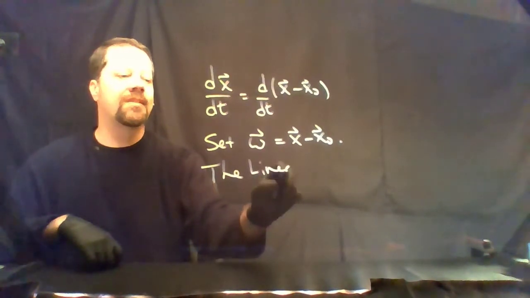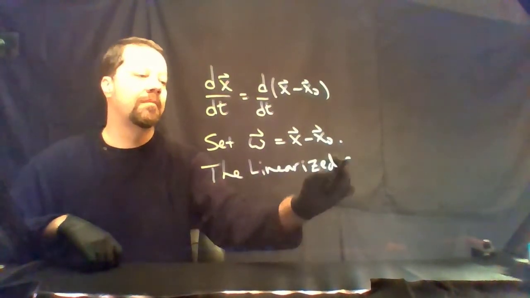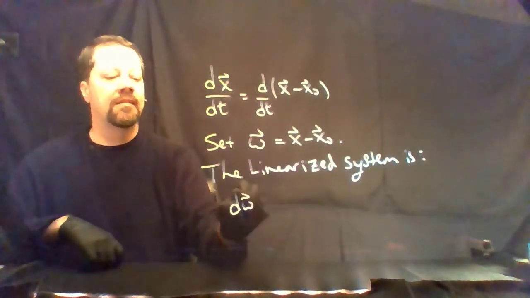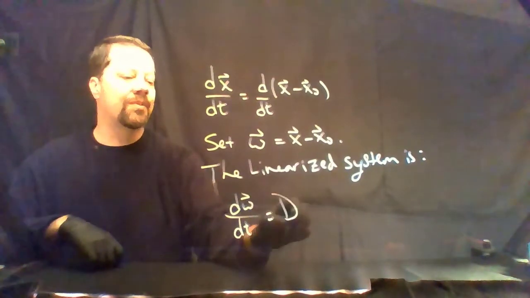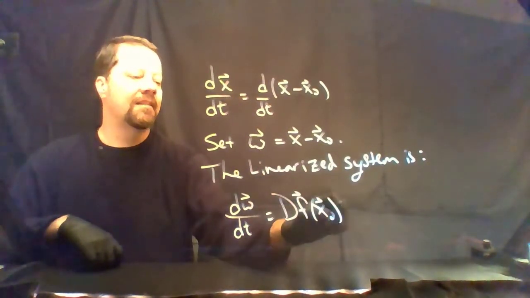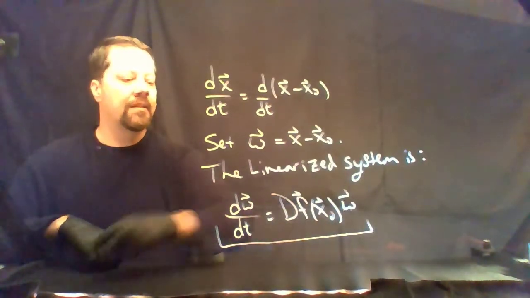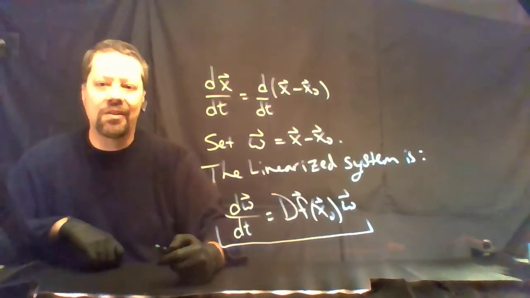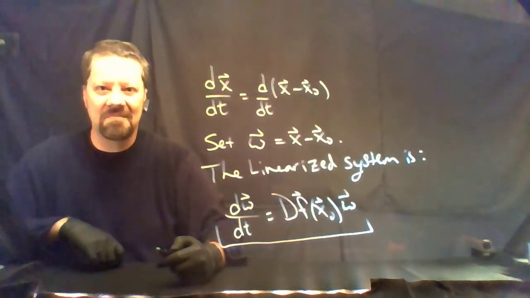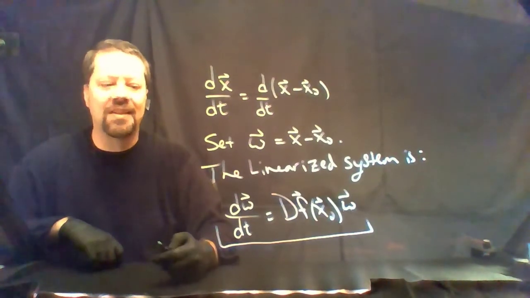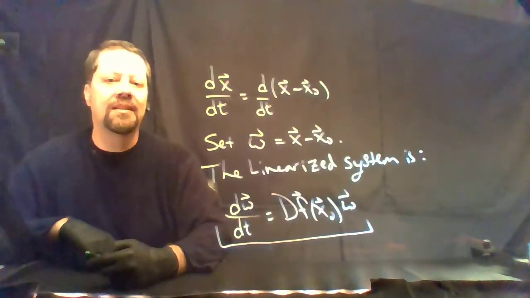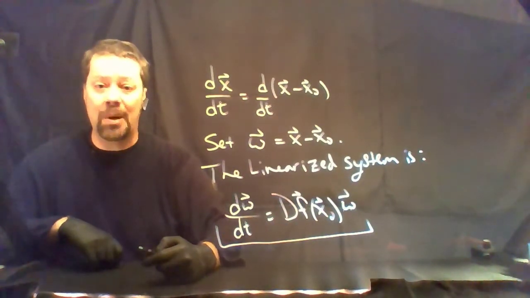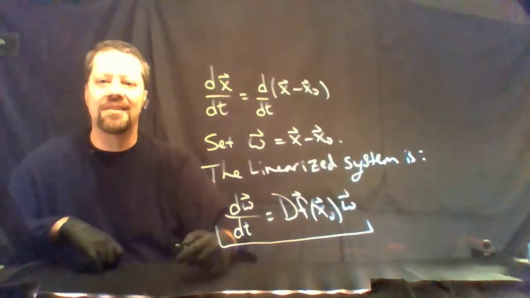The linearized system is then dw dt equals df at x naught times w. This then is a homogeneous constant coefficient linear system. We know how to solve all of these, and we can classify the solutions using our eigenvalues of the coefficient matrix, the matrix of partial derivatives of our coordinate functions.